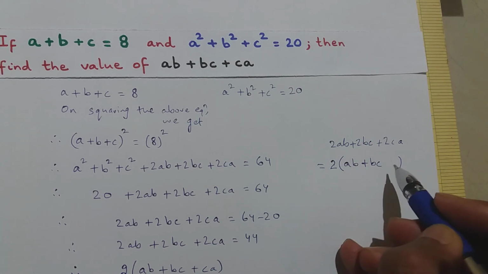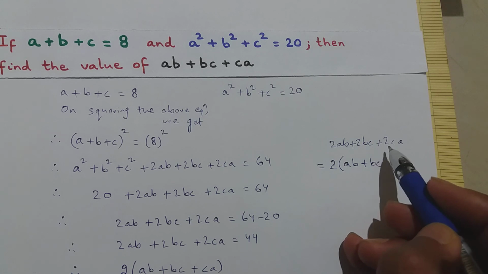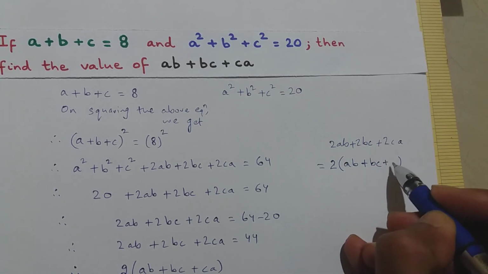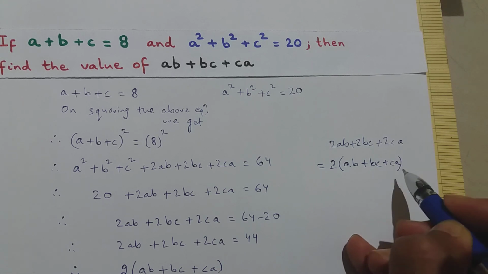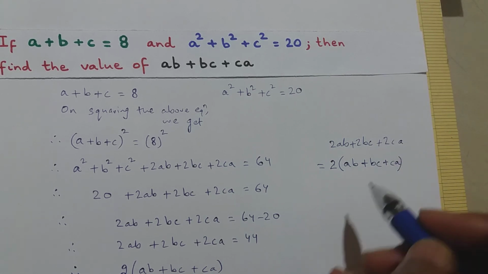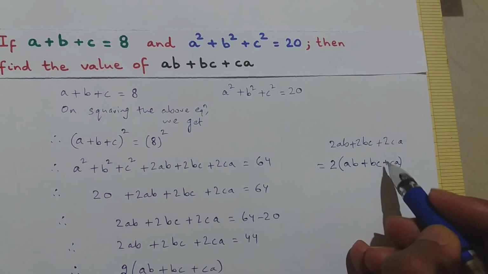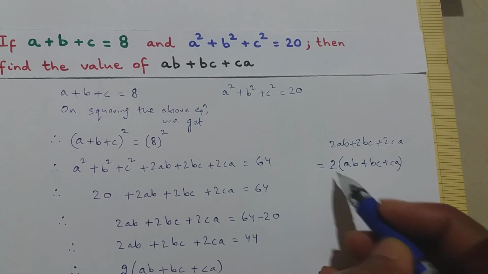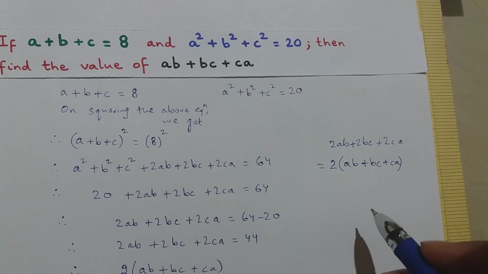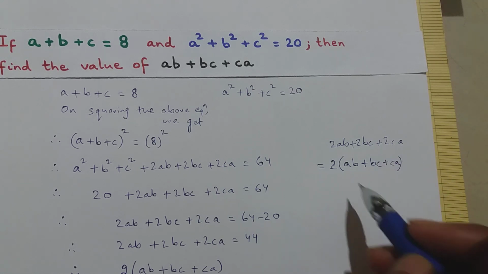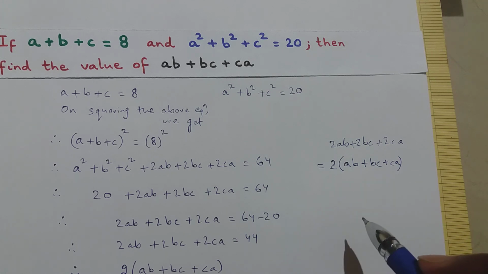And 2 multiplied to plus ca gives plus 2ca. With that we have done the factorization.